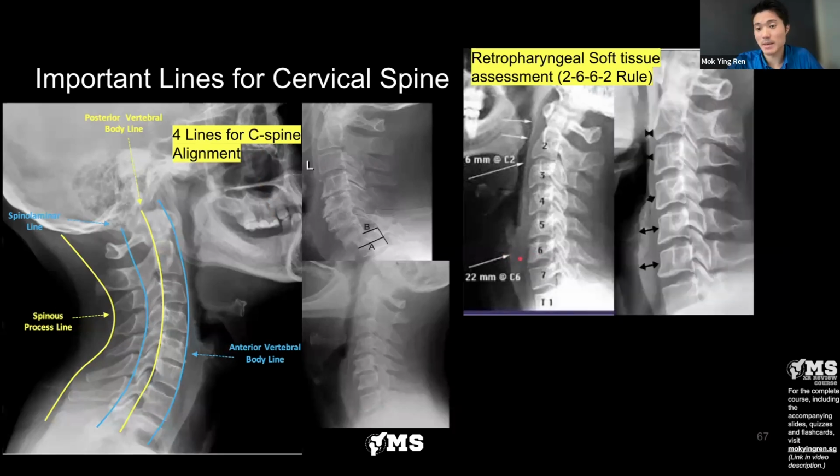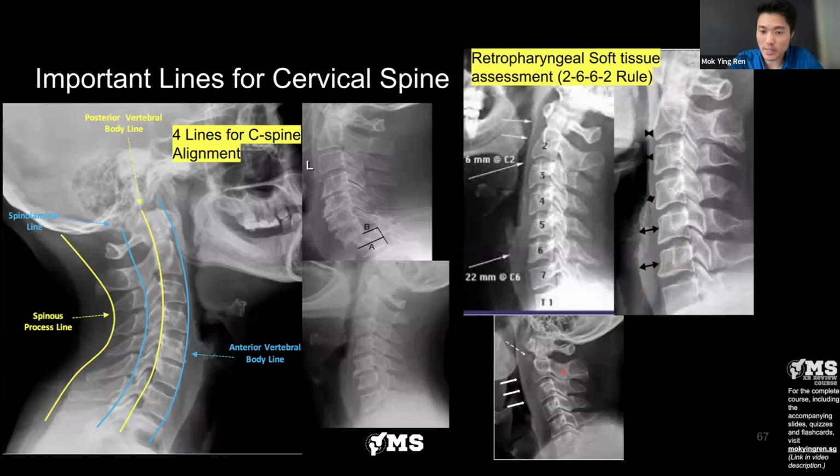Okay, let me give you an example over here. This is a normal example, right? So C2 over here and C6, 2, 3, 4, 5, 6. At C6, this should be 22 mm at maximum. Here is another example. Can you look at this X-ray, right?